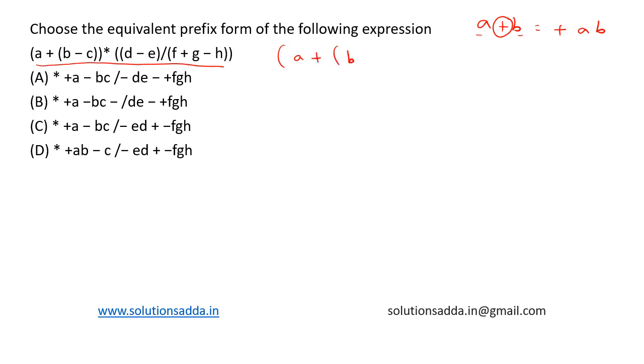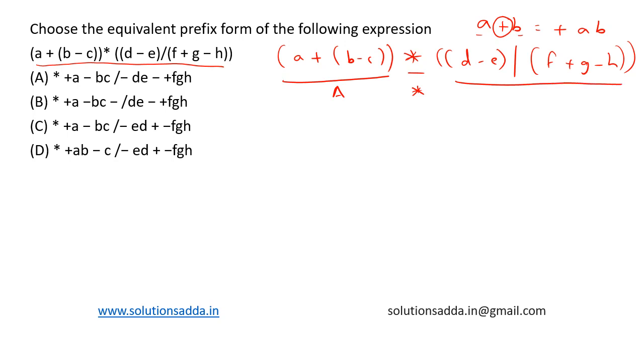A plus B minus C star D minus E divided by F plus G minus H. Now if you are considering this as A, this as the operator and this as B, the prefix expression would be star A B.